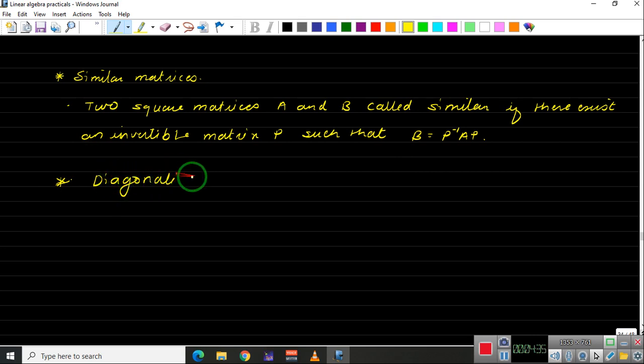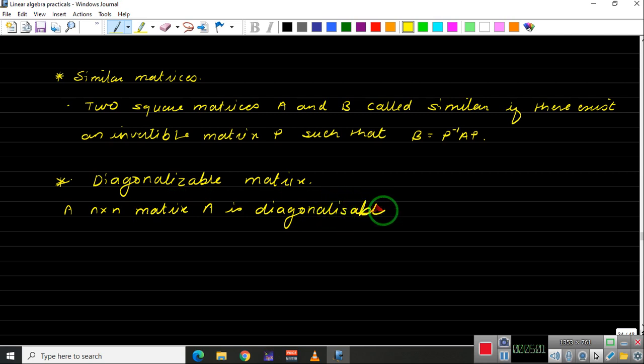An N by N matrix, of course a square matrix, A is diagonalizable if A is similar to a diagonal matrix.